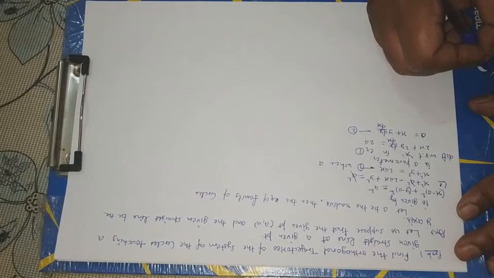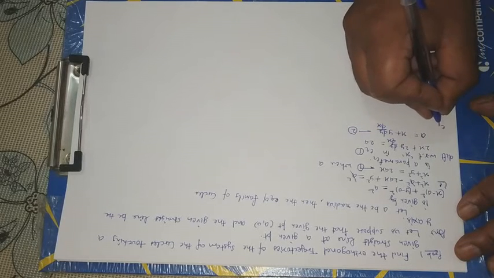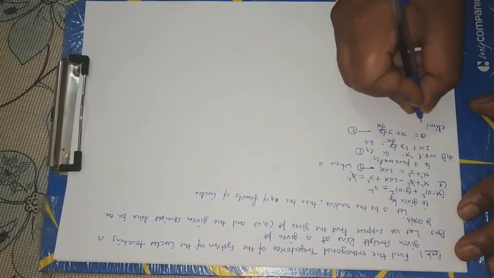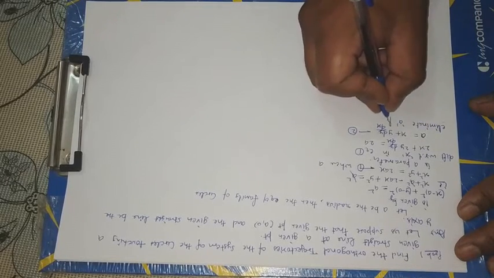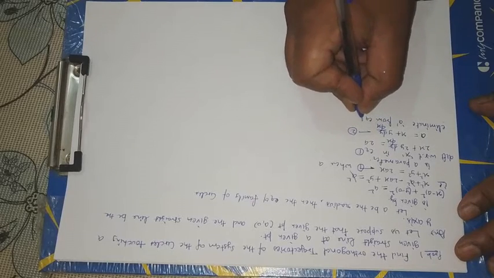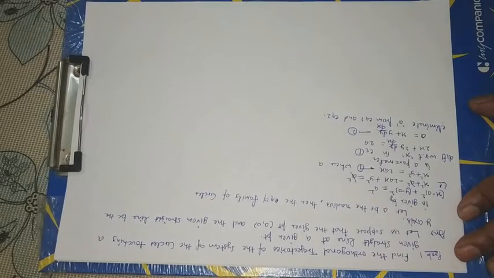Now from equation number first and second, remove the parameter a, that is eliminate a from equation first and equation number 2.